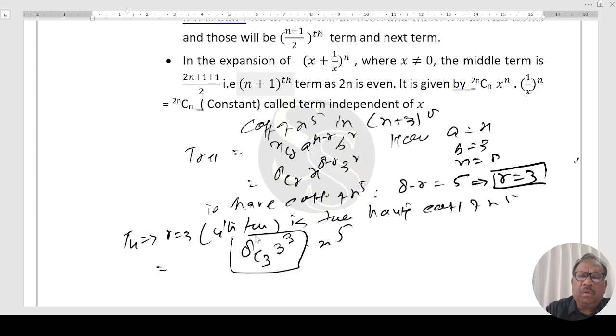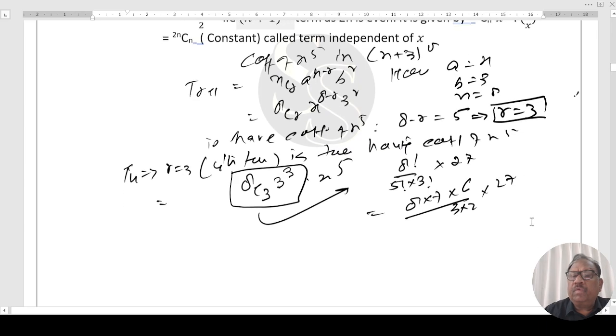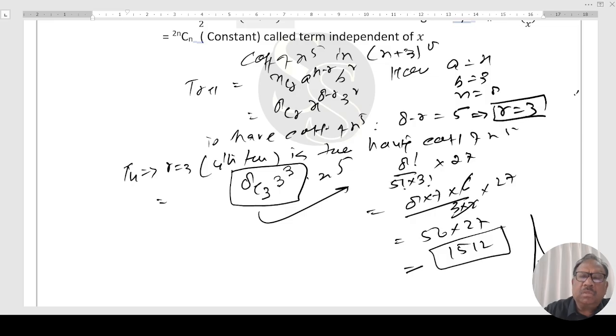So this is the coefficient. If you simplify it, factorial 8 upon factorial 5 into factorial 3 into 27, which is 8 into 7 into 6 divided by 3 into 2, into 27. Further simplifying, this goes to 56 into 27. On simplification, this comes out to 1512. That is the answer. Right? Next question.